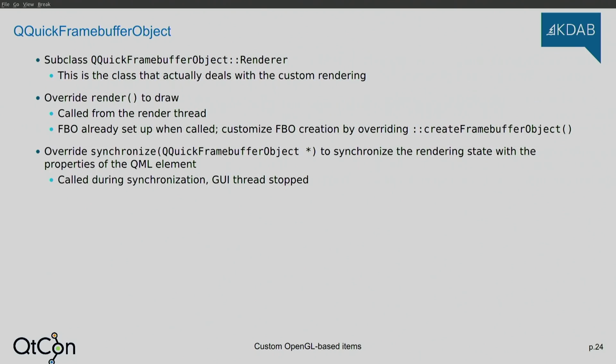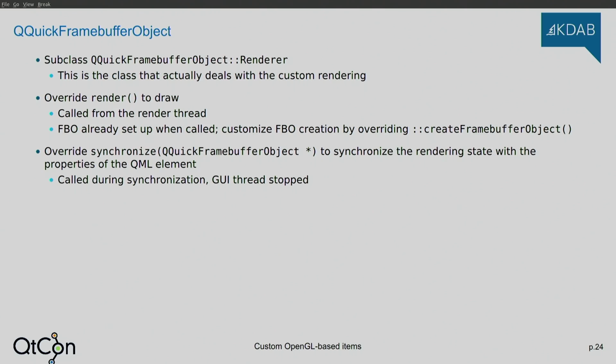So let's see how we go about that. Actually, let's start from the renderer first. The renderer class has just two methods that we must override. One is called render, and one is called synchronize. This renderer class lives in the render thread. The render thread will call render to draw, and we can just draw our legacy OpenGL code without any modifications.